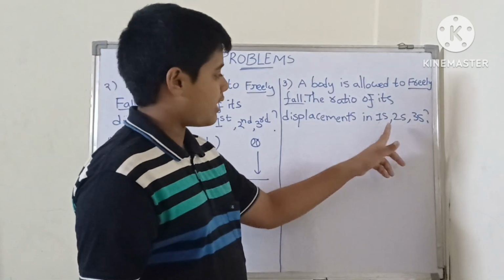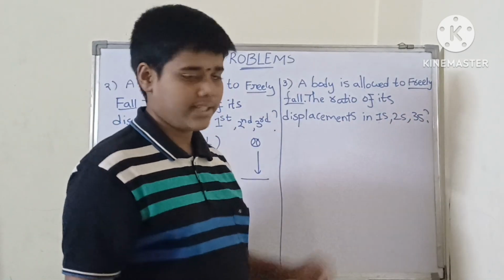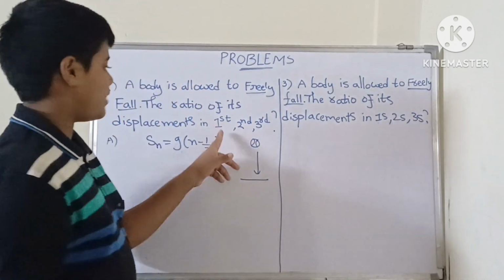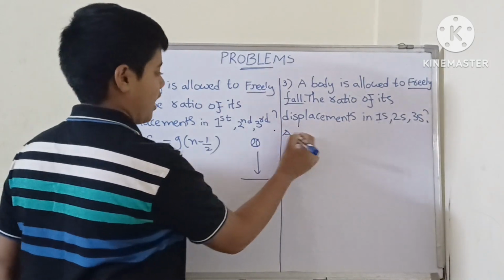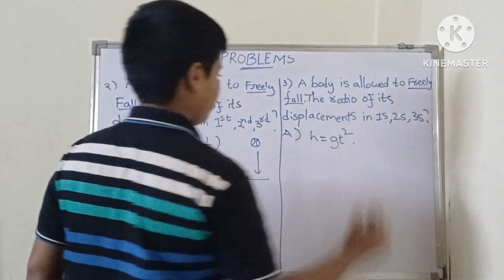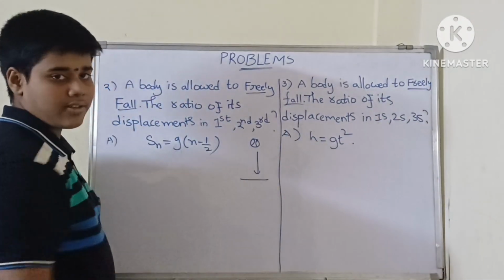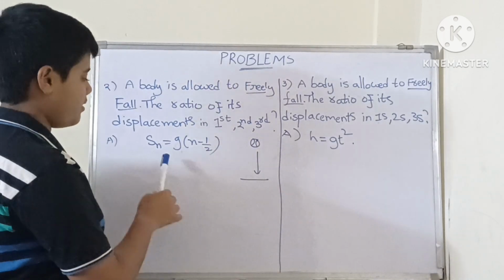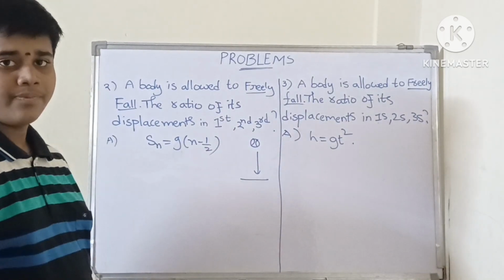Here in the third question, 1 second, 2 seconds, 3 seconds, we have to use the formula h equals half g t square. So 1 second, 2 seconds, 3 seconds means h equals half g t square, and first second, second second, third second means Sn equals g into n minus half.